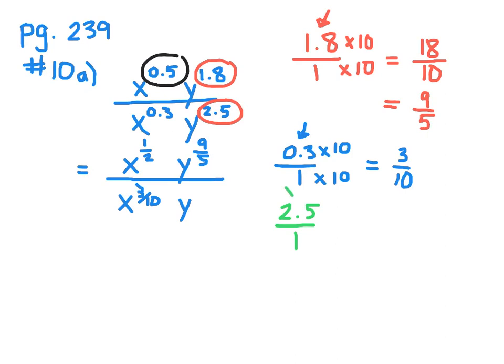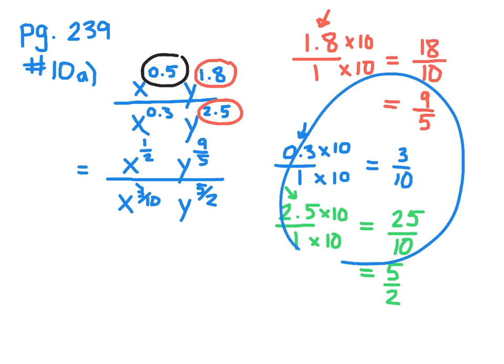Again, to get rid of this decimal, I will multiply both top and bottom by 10. And if I do that, I actually get 25 over 10. I can reduce this number because both top and bottom are divisible by 5. So this is the same as 5 halves. So this is the same as y to the power of 5 halves.